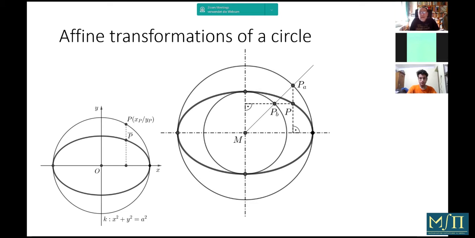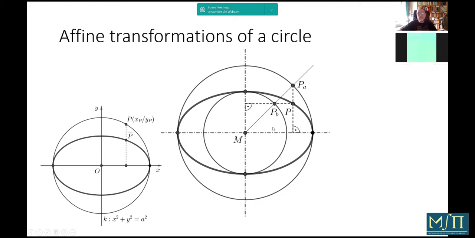The basic idea here is simply that there are 2 different such affine transformations that will transform the ellipse to a circle. The one is the one that I've just talked about, using the x-axis or the main axis of the ellipse as the axis of the affine transformation. That will map this point P of the ellipse onto this point that I've called PA up here on this outer larger circle with radius A.